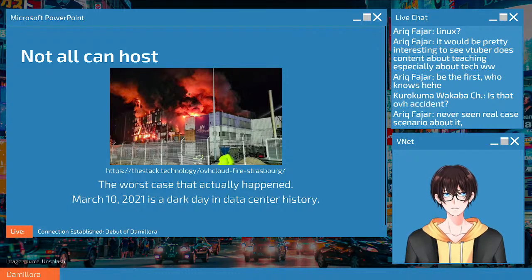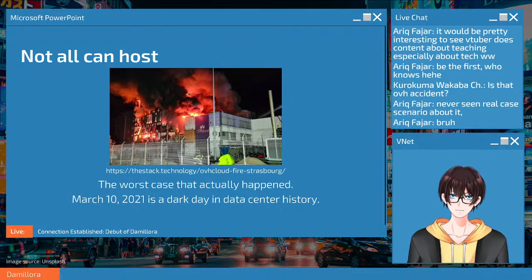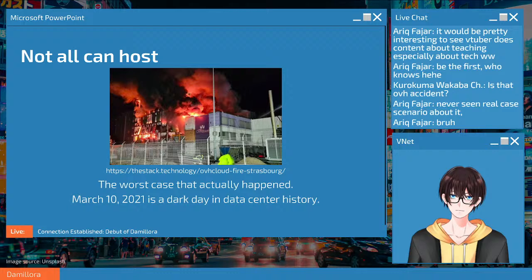Never seen a real case scenario about it, and here on stream you're seeing the real case scenario because this is actually real. And this happened in 2021 too. Actually, that's the original caption for this picture: when I thought 2021 cannot get worse, it gets worse with this.